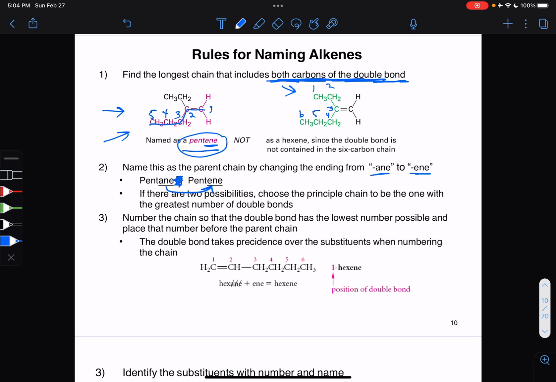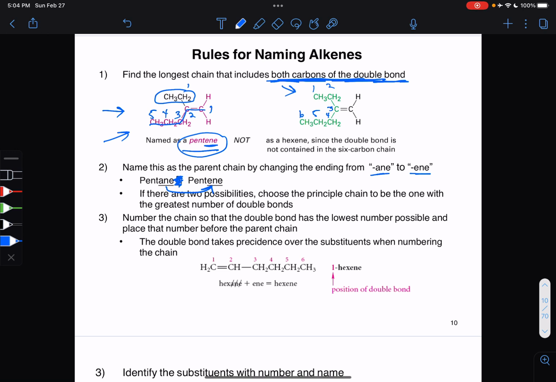Now notice how there is a branch up here that comes off of our longest continuous carbon chain, and we would number and name that as usual. So it has 2 carbons there. So that's going to be which branch?